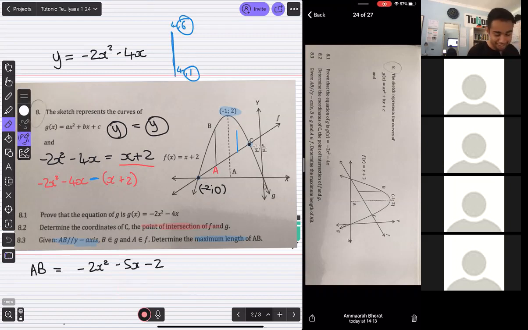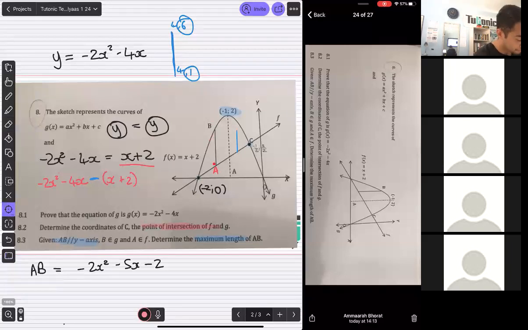This is a difficult question, so I'm going to explain it slowly. AB is the distance between the two graphs, the y values, and that's why I'm subtracting them. So I get this equation, and this equation will tell me the distance between A and B, okay?